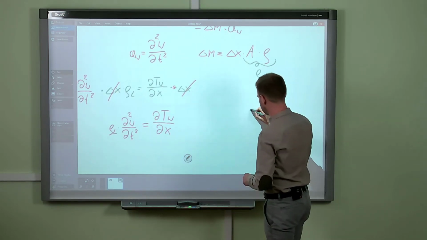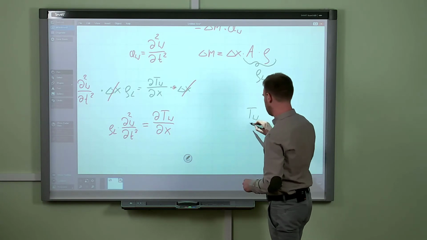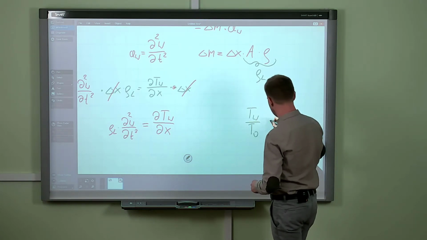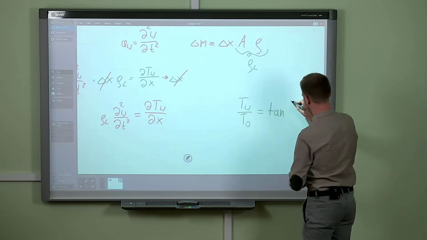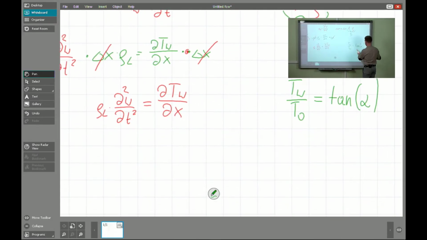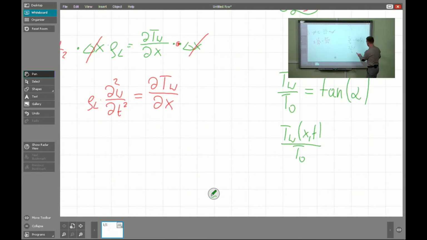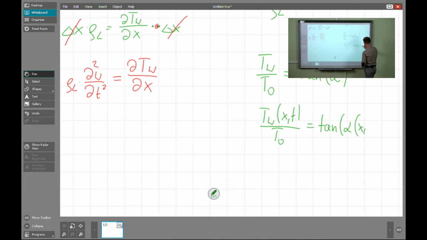We see that Tw over T0 will be the tangent of alpha. I mean, Tw at the point x and t over T0, because T0 is the same value for every single point, equals the tangent of alpha at the point x and t.